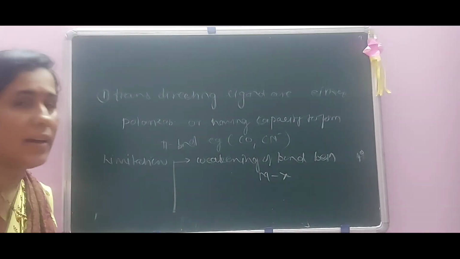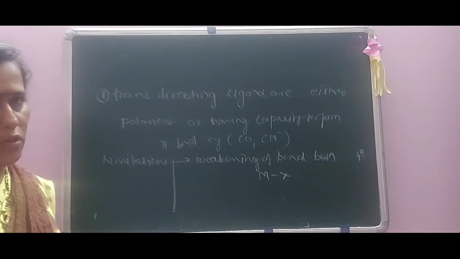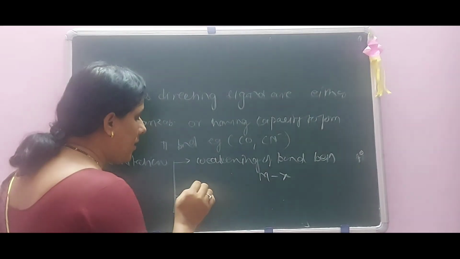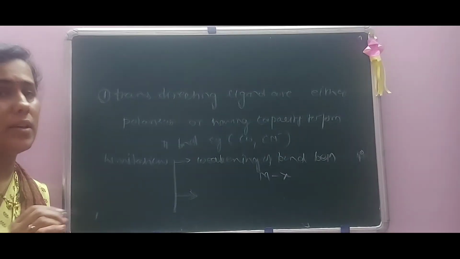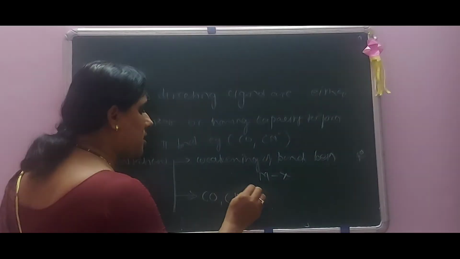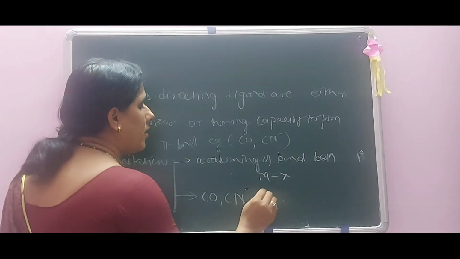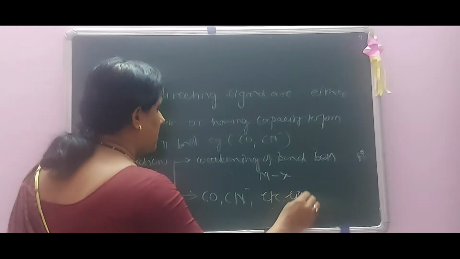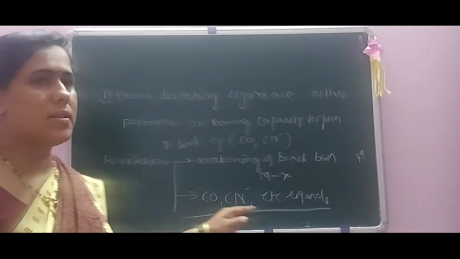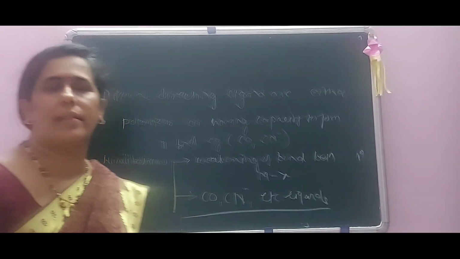Due to that, any one of the other criteria cannot be explained here. And the second limitation is that this theory is not applicable in case of CO, CN minus, etc. ligands.